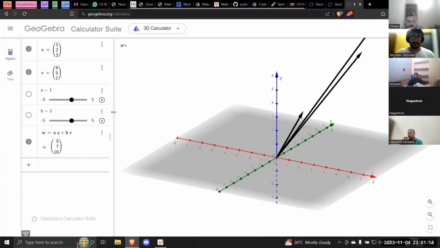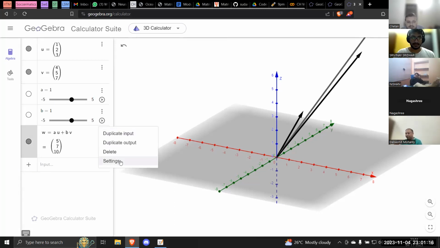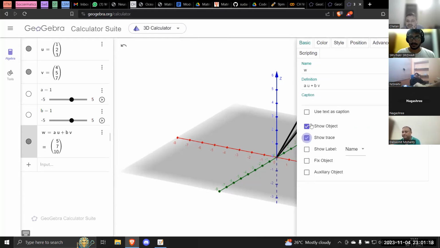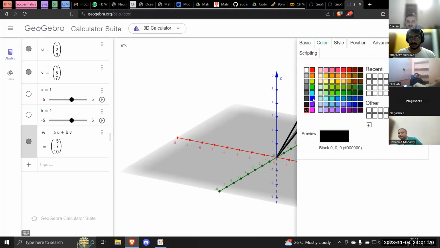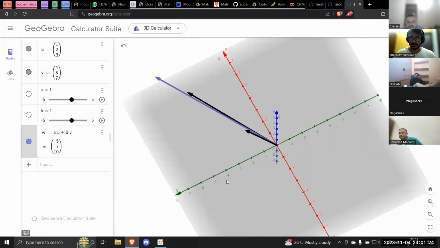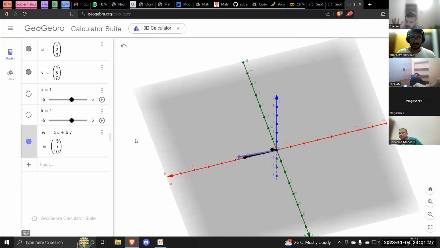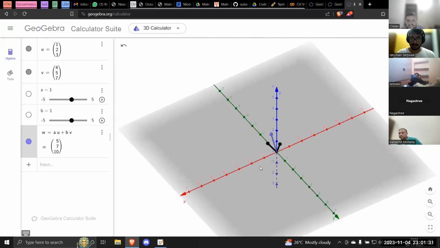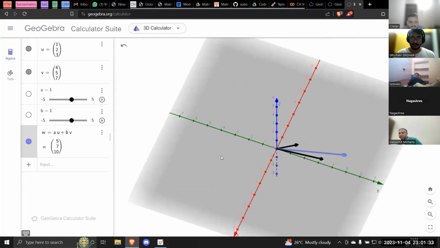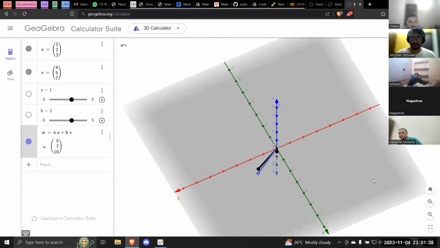See, guys, what are we getting after the linear combination of these two vectors? Let's see. I don't know what we are going to get. I have no idea. Can we vary the values of A and B?